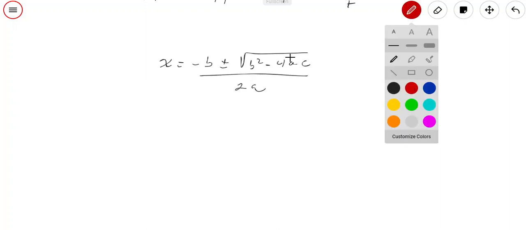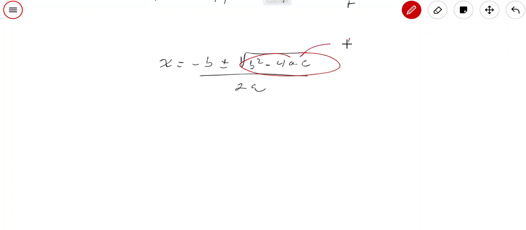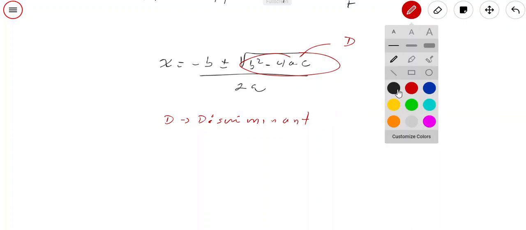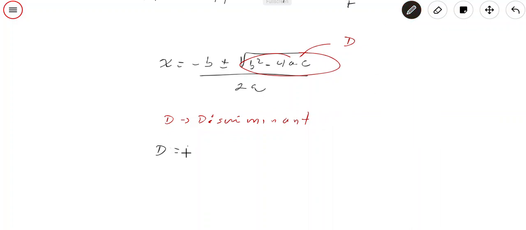The expression under the root is called D. So D is the discriminant, and D equals b squared minus 4ac. Why is the discriminant important? Because when the discriminant is greater than 0, so when it's positive, we know that we're going to have two different real solutions in our equation.